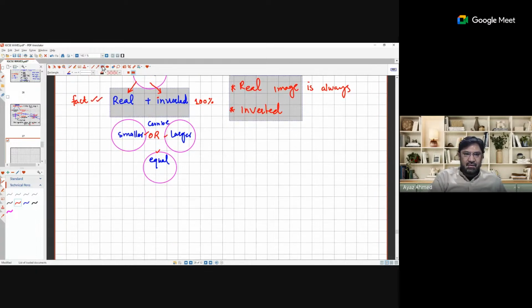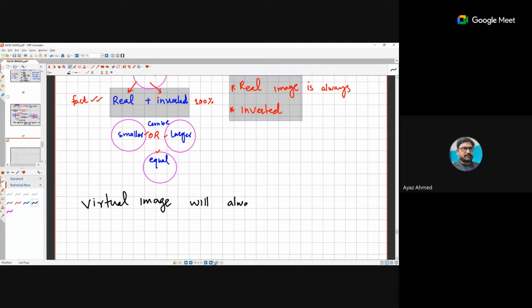And if the image is virtual, then what will happen? The virtual image will always be upright. So if the image is virtual, it will be upright. This is a universal truth again, that virtual image is upright.